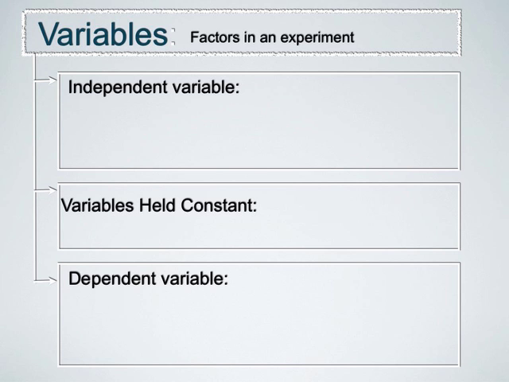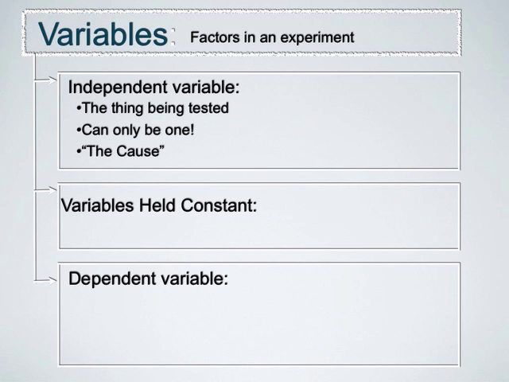So the independent variable, this is the one thing that you're actually testing. If you remember, the I looks like a 1. It's the one thing you want to be different in your groups that you set up. And like we said, a good experiment has only one thing different. You can think about it as sort of the cause in the experiment.